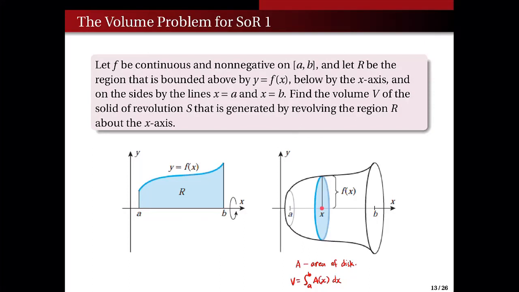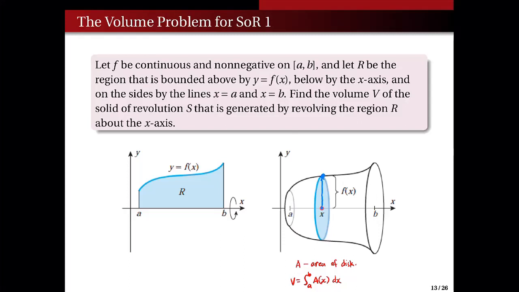Area of the disc, we have the area function. But what's special in here is we can actually specify what the area of the disc is immediately. Area of a circle is pi times the radius squared. And if you are looking at this, what is the radius of that circle? It's from this point up to this point. That's the radius. But this point here is a point on your function f of x.